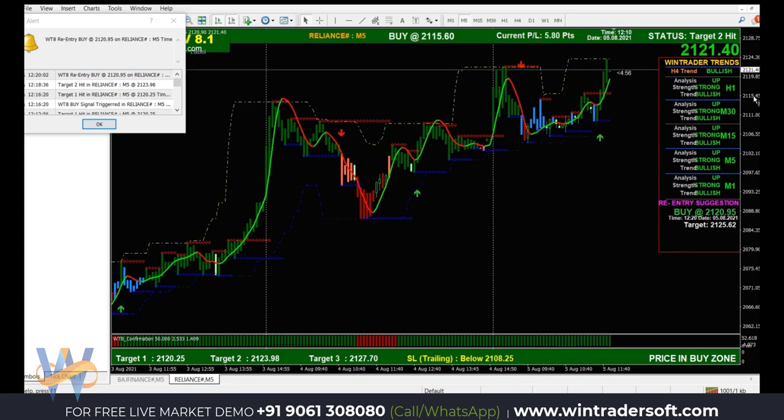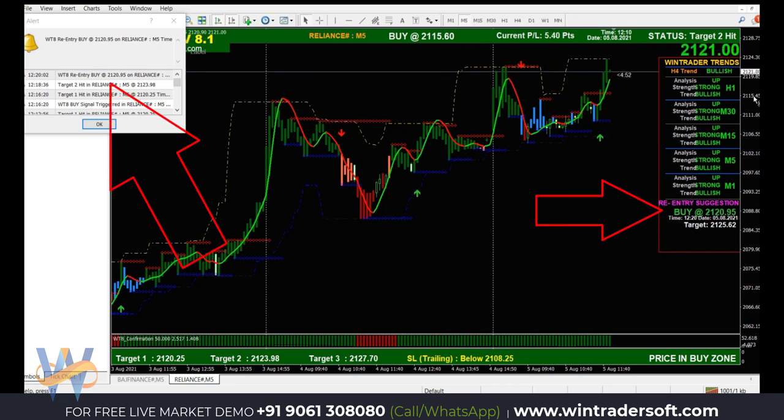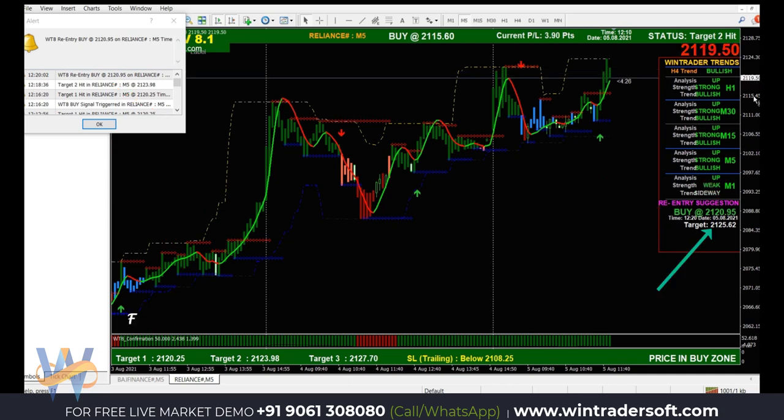That is a re-entry suggestion. We get the re-entry suggestion: buy at 2120.95. There is a special target for that re-entry suggestion, 2125 point something, so a 5-point target is preferable.